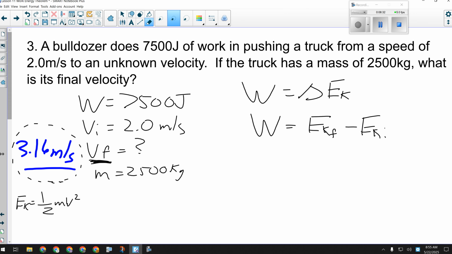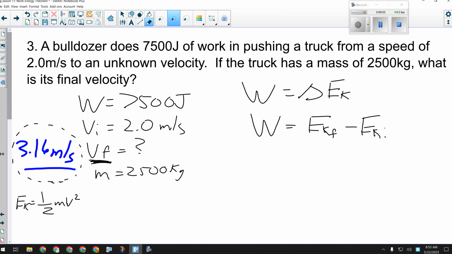Now, final speed would be part of final kinetic or initial kinetic? It's the same thing here. I shouldn't, but I did use those terms interchangeably. There's not going to be a direction on this because it is going to be speed. I wrote velocity, but I should have written speed, so good catch. So which would it be part of, final kinetic or initial kinetic, if I'm looking for final speed?